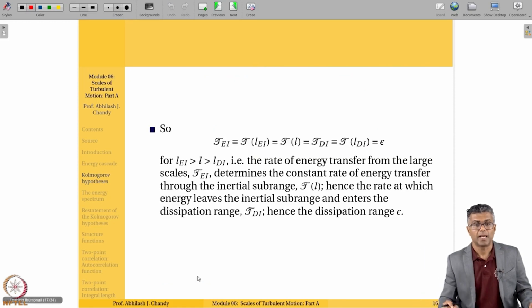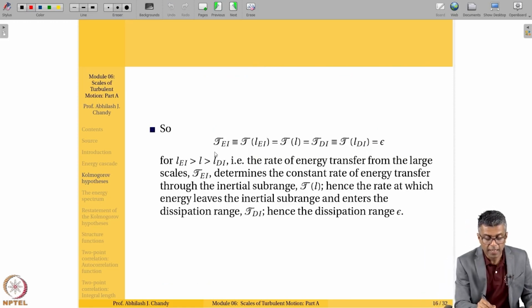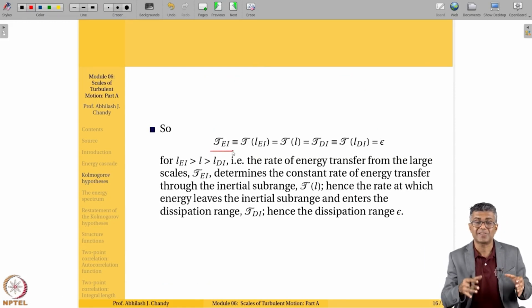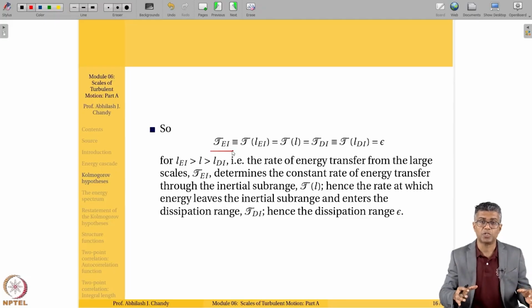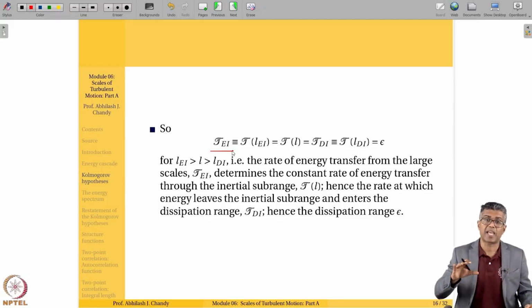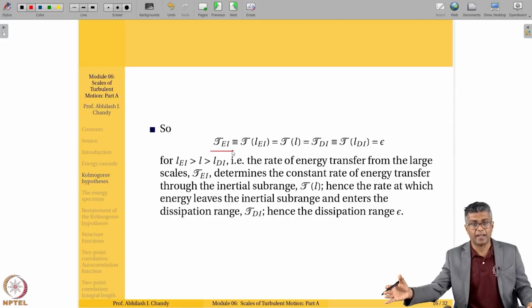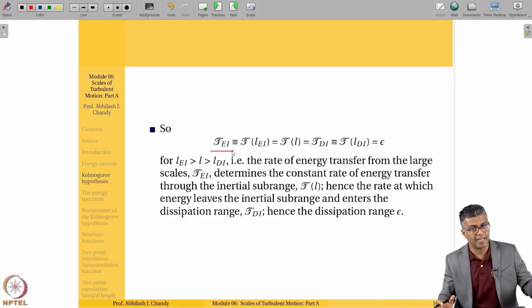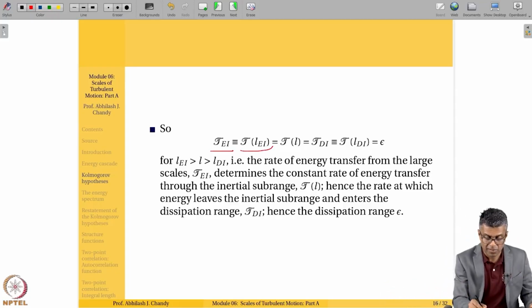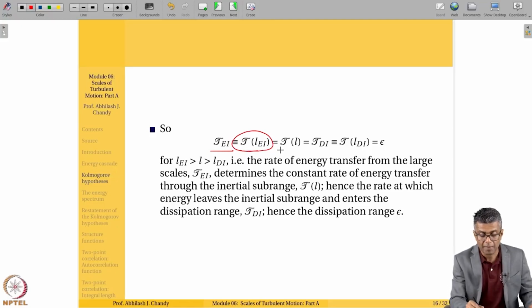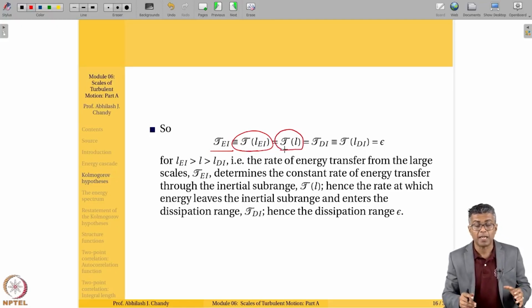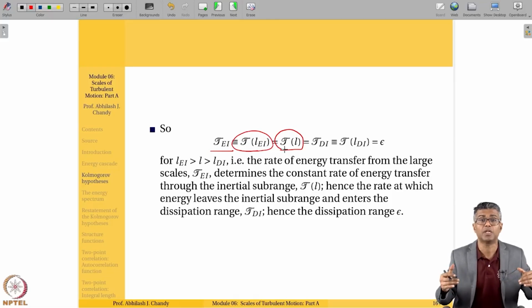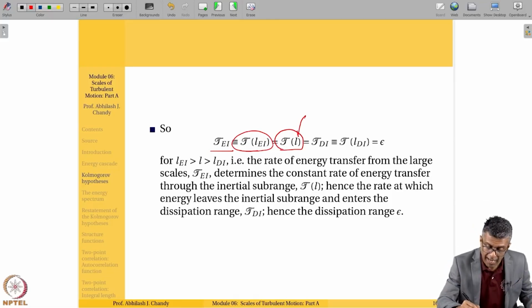This means that T of LEI, which is the rate at which energy is being transferred from scales greater than LEI to scales less than LEI, is the same as epsilon, right? So that is what T of LEI is the same as T of L, meaning the transfer that is happening through the inertial subrange, because L refers to an inertial subrange scale.